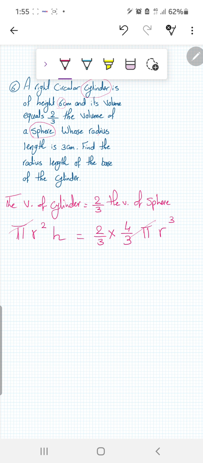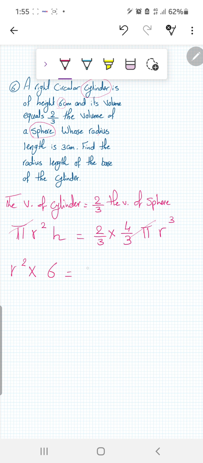Okay, so r squared times the height here 6 equals 2 over 3 multiply 4 over 3 multiply r cubed, the radius of the sphere, which is 3. So 3 power 3. Okay, so r squared times 6 equals 24.